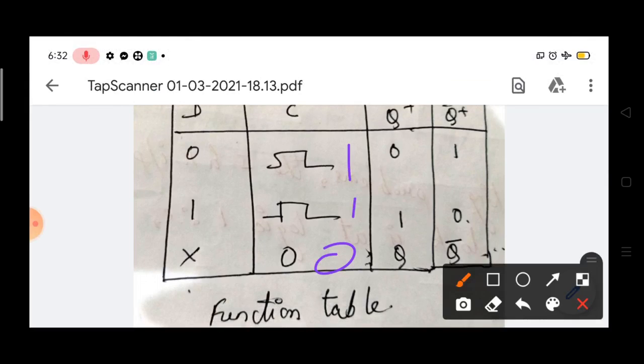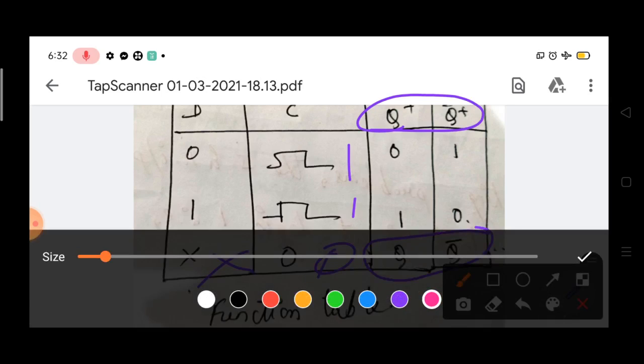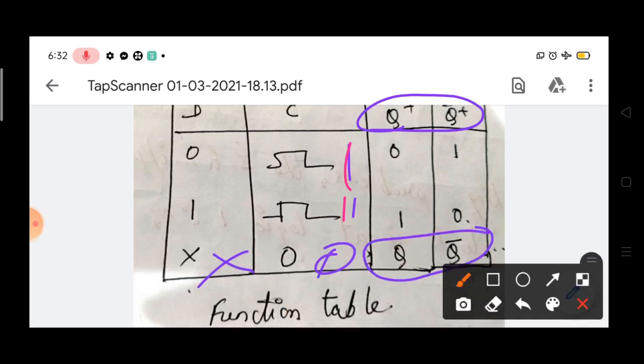If the clock is 0, whatever be the state of the input, the present output retains its previous state. However, your output will be reflected when the clock signal is high. So you can see here I have taken clock as 1.